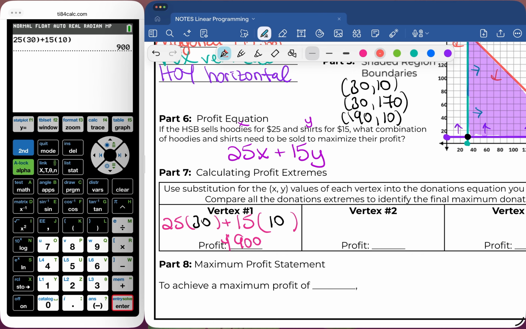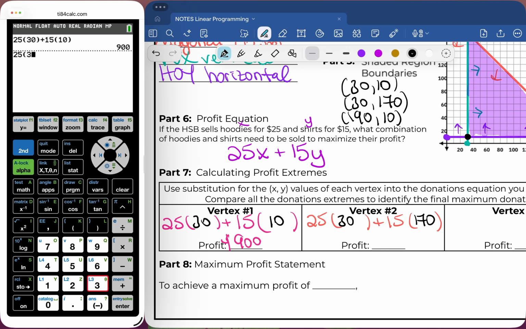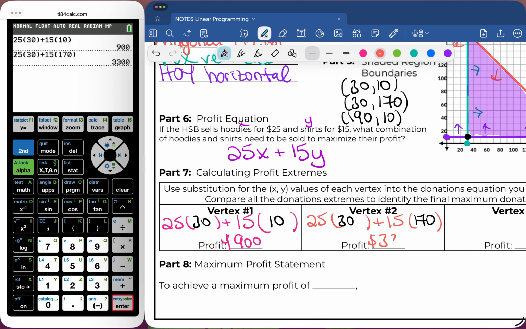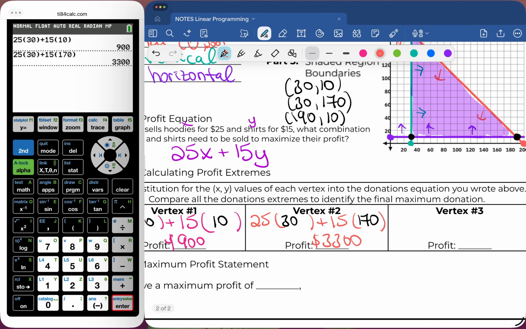Okay, we're going to take that same profit equation, but this time with a different x and a different y. And so the second vertex that we selected was (30, 170). So let's do 25 times 30 plus 15 times 170. And that would get us a profit of $3,300.